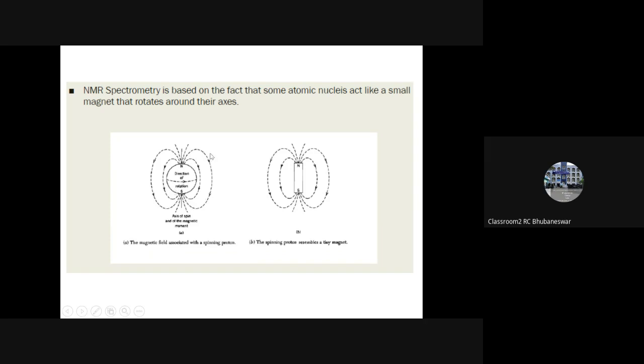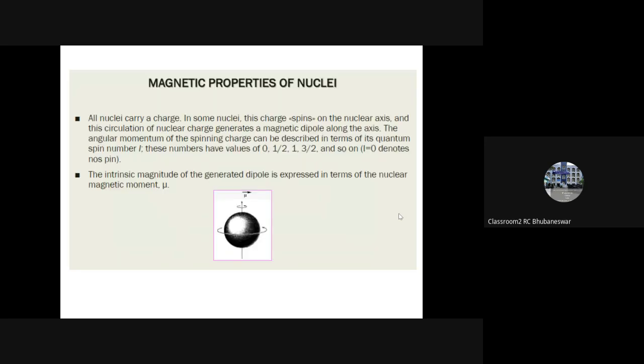The nucleus, while spinning, creates its own magnetic environment also. The spinning proton resembles a tiny magnet. Okay, it creates a magnetic field around itself.